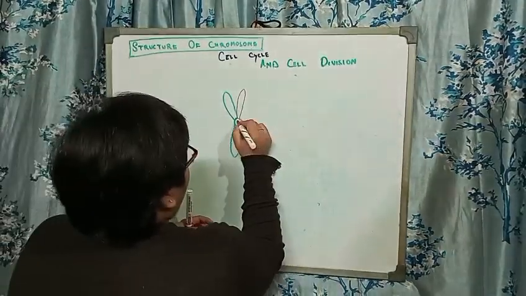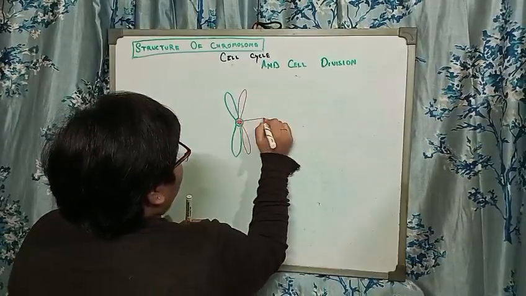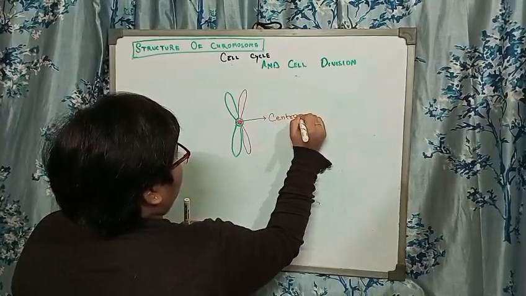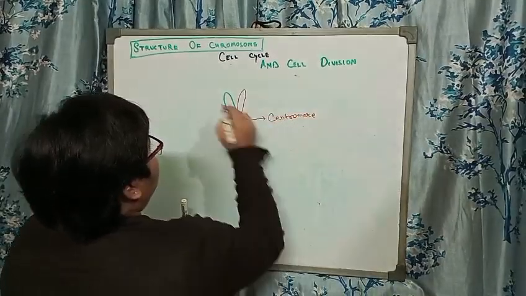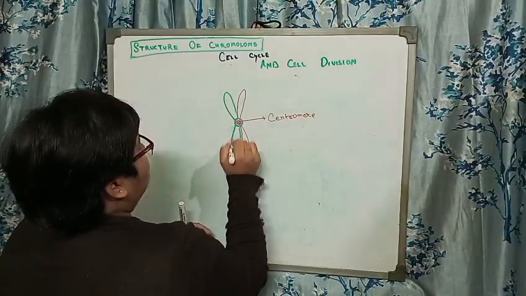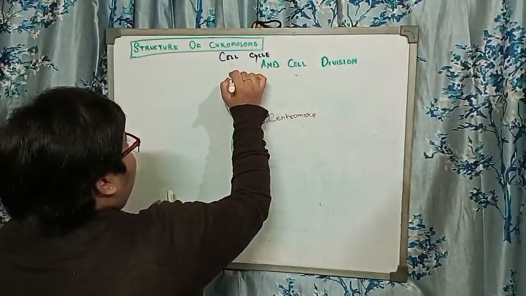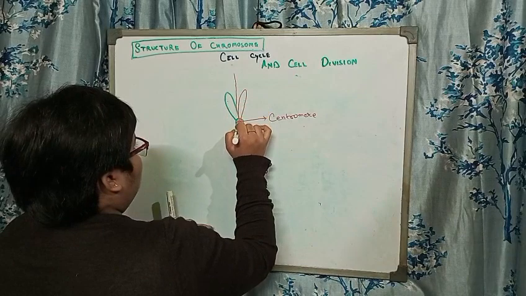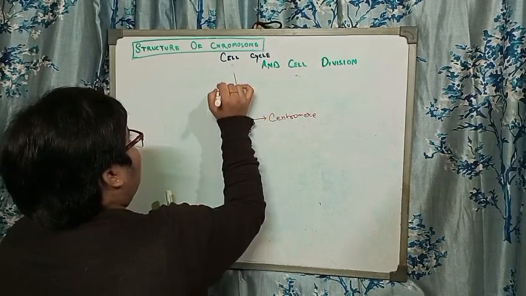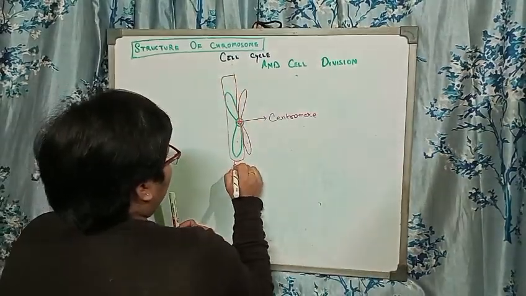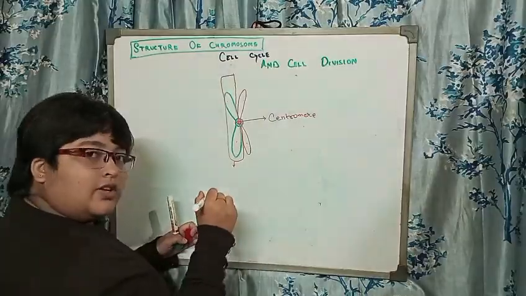This portion is known as the centromere. These are the chromatids. Fine. Each vertical pair of chromatid that includes both the sides is basically known as chromatid.